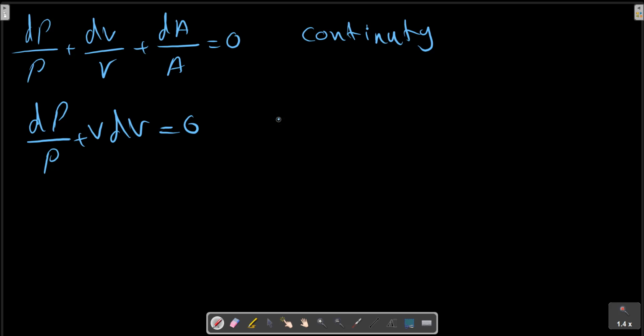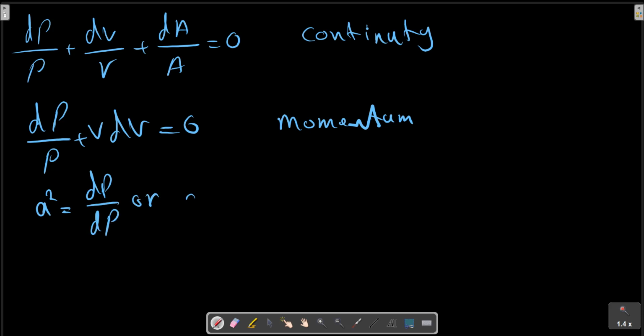And also we have a relation for the speed of sound, a squared equals dP on d rho, or dP equals a squared d rho, where a is the speed of sound.